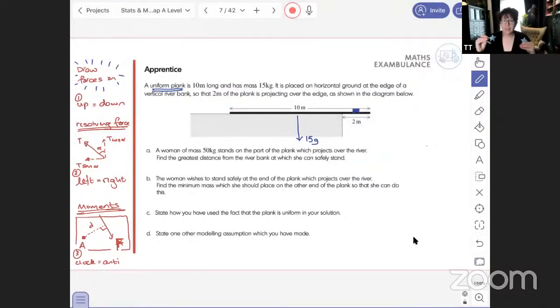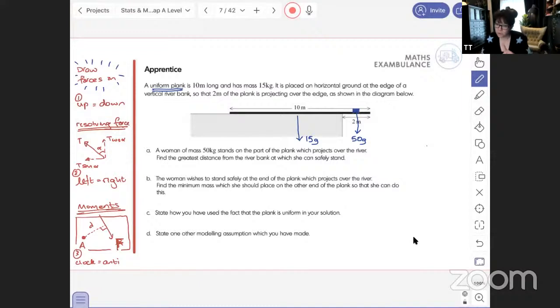The plank part of the plank woman is uniform, so its weight comes from the center, 15g. The woman part of the plank woman, its weight is centered right here, like that. But there's no reaction because the woman is part of the plank woman that we are modeling. That's really, really important. No reaction. That's a common mistake.